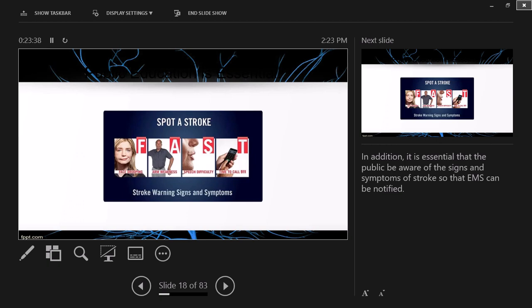Why? Because you have people coming in all the time getting their hair done, in particular older females. This is a small southern town, and that way they can say, hey, let me tell you what I learned. Now the beauticians are educating the people coming in to watch for these signs and symptoms of stroke so that they can notify 911.